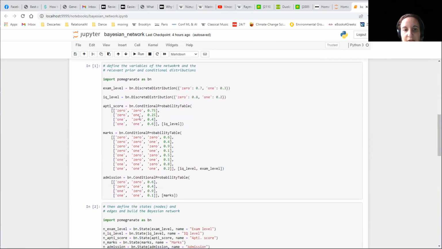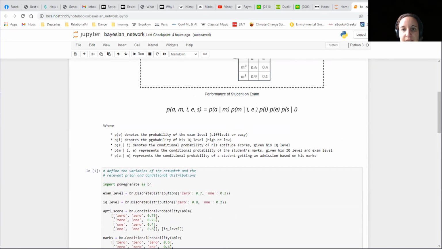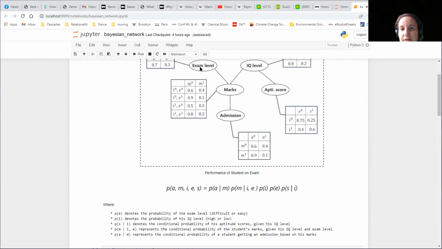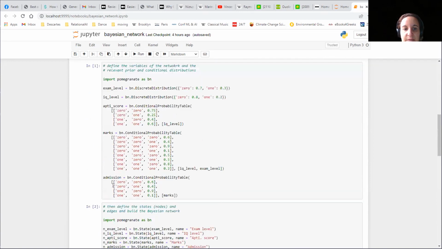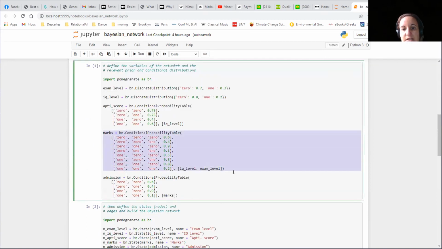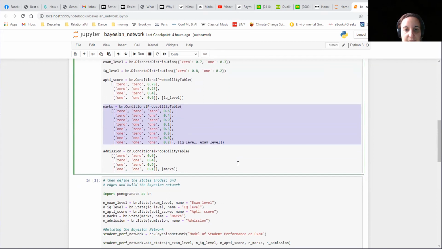So we define that, and also the good thing is that you can also define what is called the conditional probability distribution, like the marks, which, as we saw, depend on the exam level and the IQ level, and we can define it here. So it's a good thing. It is kind of reasonable software.